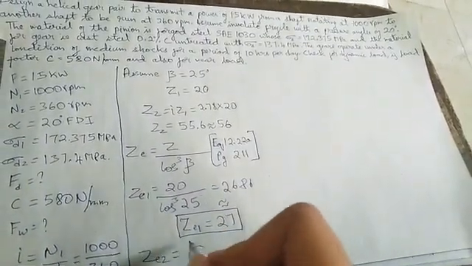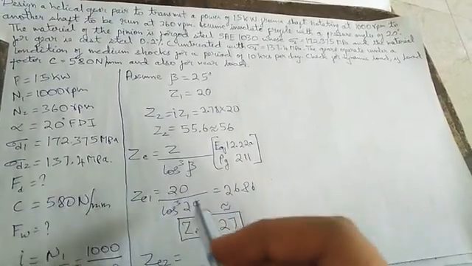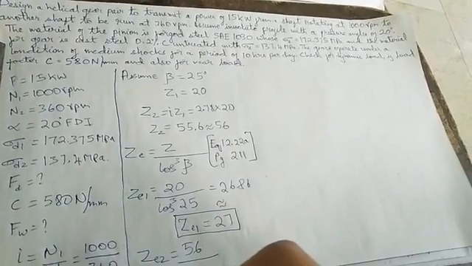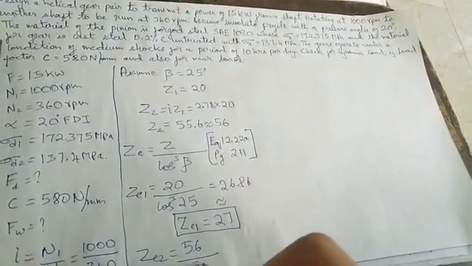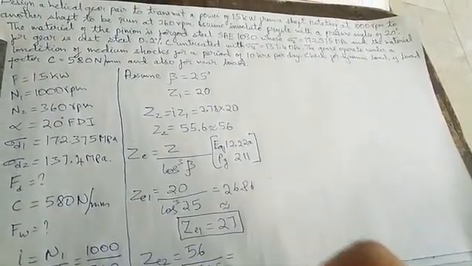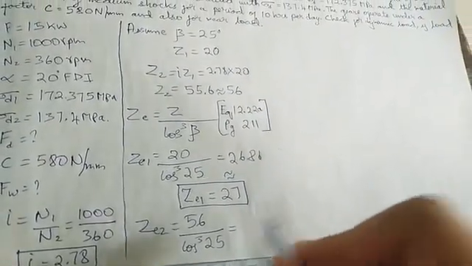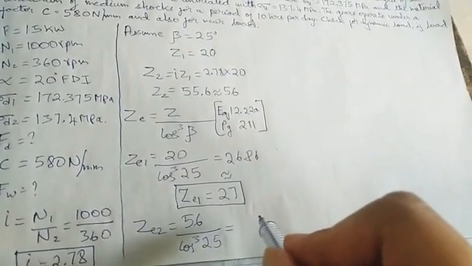Similarly, ZE2 is equal to, here I'll put Z2. Z2 is 56 divided by cos cube 25. So ZE2 is equal to 75.